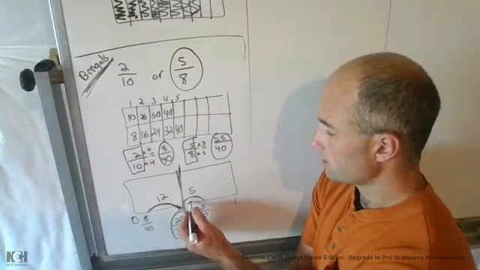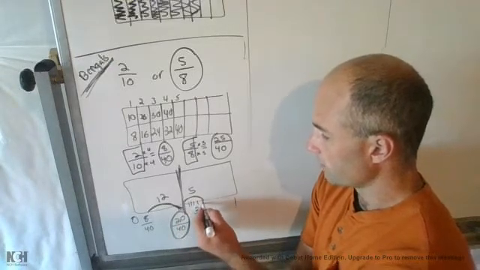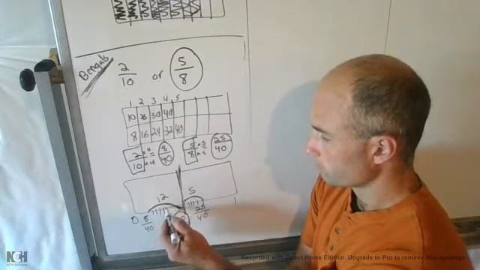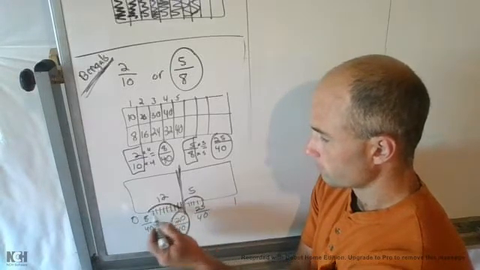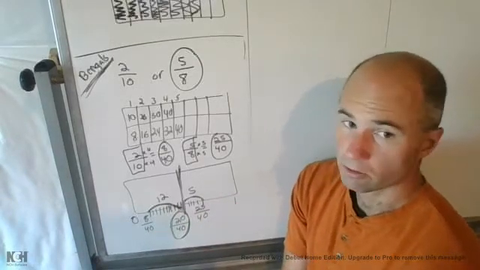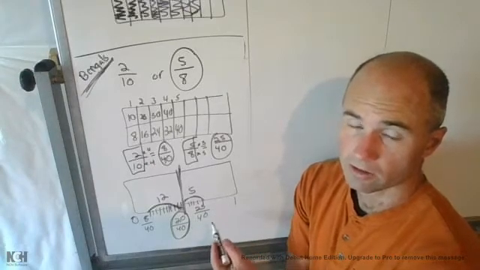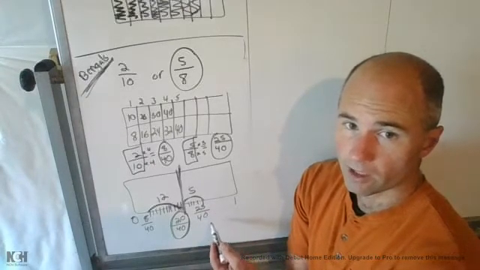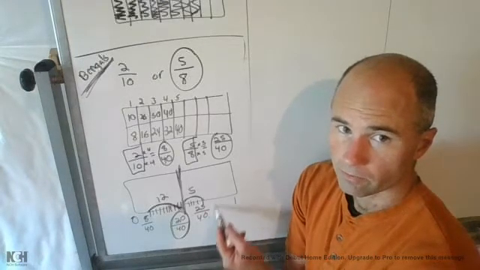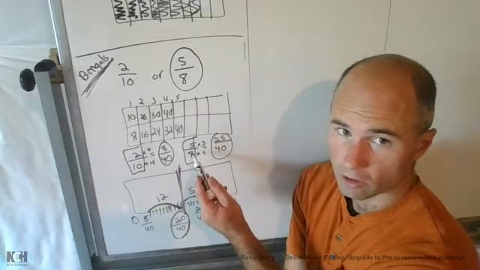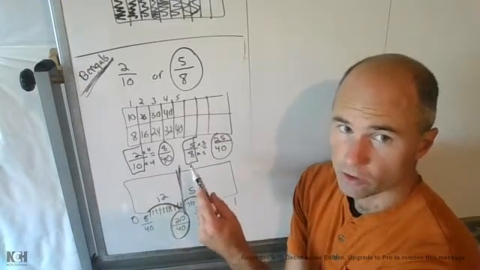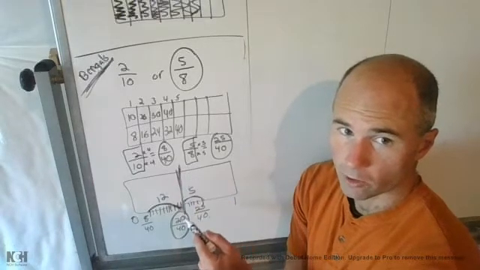You want to see that this is only 5 away and this is 12 away. So which one's going to be closer? The 25/40. Well, if 25/40 is Superman, who's Clark Kent? The 5/8, which shows all of this work shows that 5/8 is closer to 1/2, also known as 20/40.